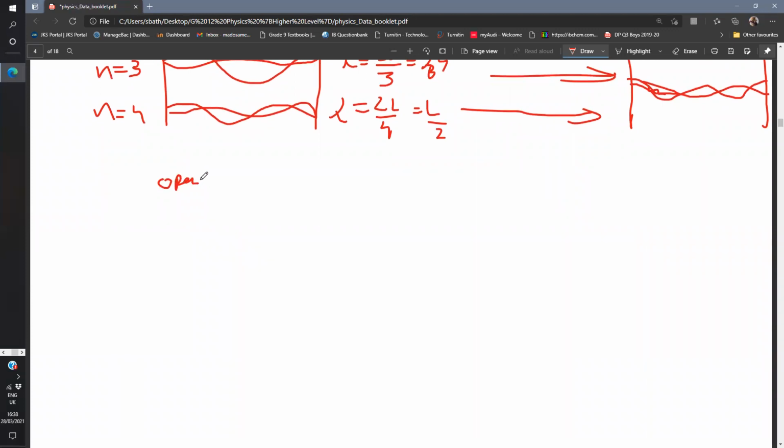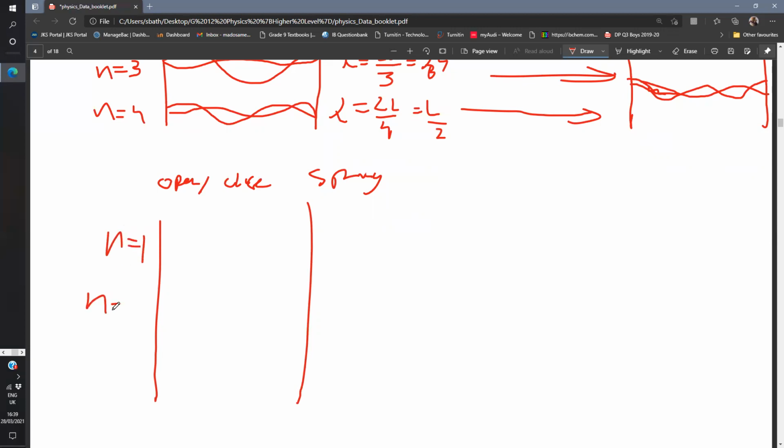Okay, now let's consider a pipe with one open end and one closed end, or alternatively, a string that is loose on the other end. So drawing this here, we have n equal to 1, the first harmonic, n equal to 3, I'm going to explain why we put 3 here, and n equal to 5.